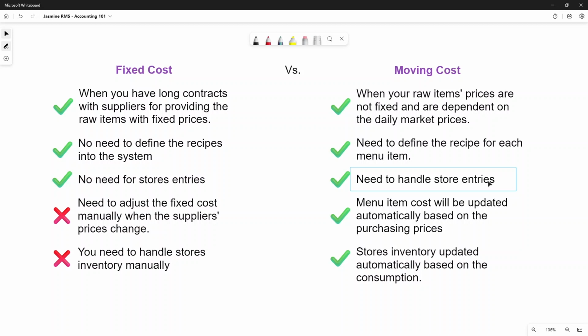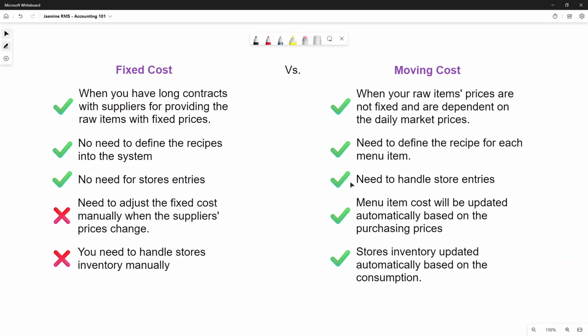So receiving from supplier, maybe transferring from one store to another store, if there is a wastage we need to handle. But the system will handle the consumption for me based on the recipe that I have defined. So whenever we sell one menu item, the system will deduct the ingredients based on the recipe from the stores.